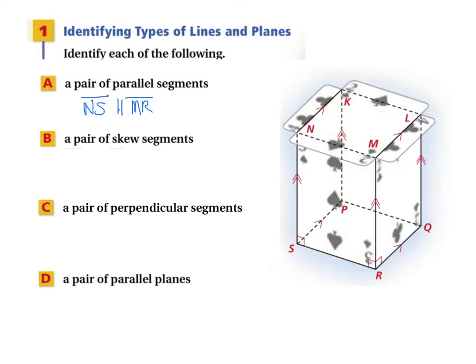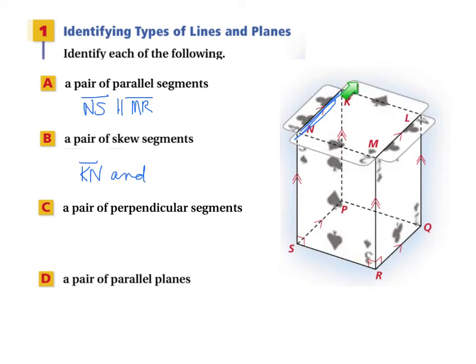B, a pair of skew segments. So pick any segment you would like. So let's pick segment right here, KN. Give me another segment that would be skew with that.